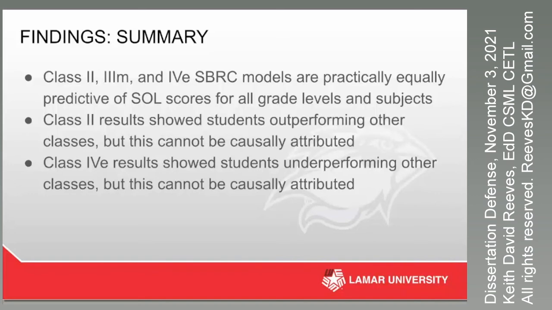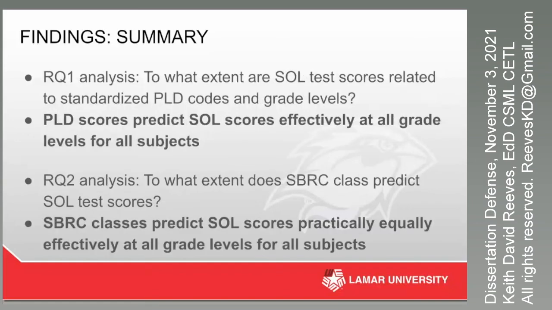They are basically the same. Now, while Class 2 students generally outperformed other students, and Class 4E students generally underperformed, the differences aren't practically significant, but also they can't be causally attributed to SBRC class alone, given the small effect size and the number of potentially confounding variables, like differences in pedagogy between the schools.